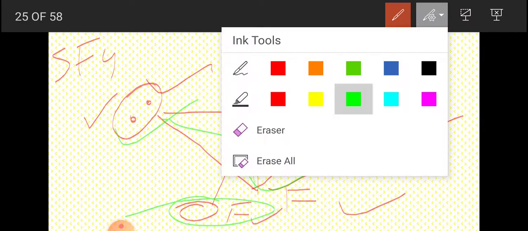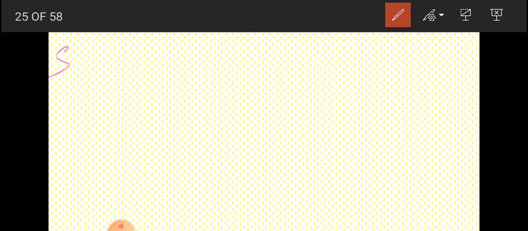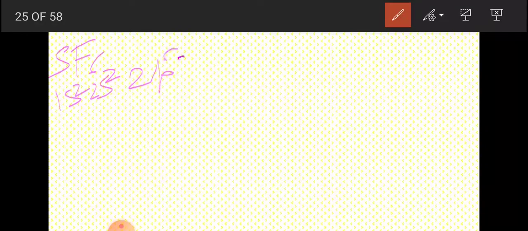Now let's draw the structure of SF6. Again the same description. Sulfur is your central atom. It is of group 16 and it has 6 electrons in the outer shell. The electronic configuration is 1s2, 2s2, 2p6, 3s2, 3p4. And all 6 of the outer electrons are used to form bonds with the fluorine atoms.